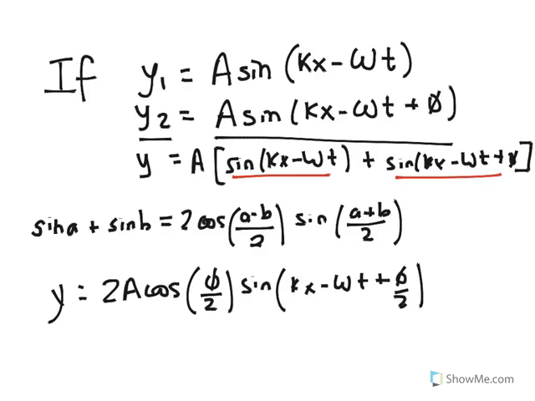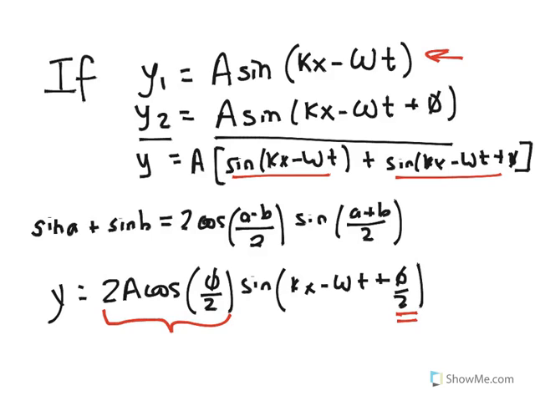Try to do this at home. The resulting wave has a new amplitude given as 2A cosine of phi half, and the same characteristics, but it is dephased by phi halves against the original one.